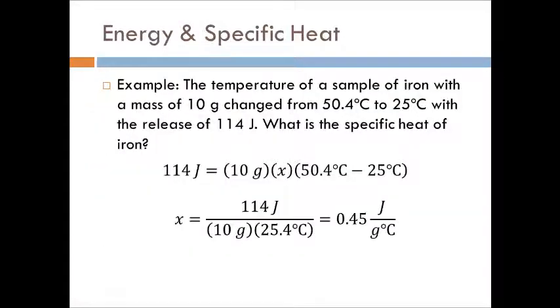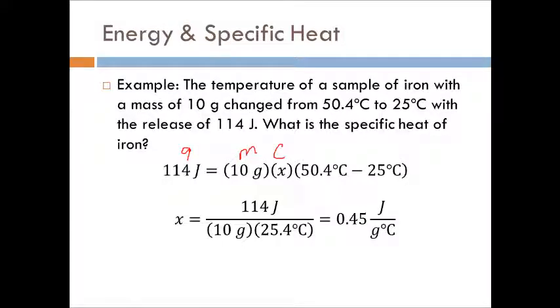So let's look at an example. The temperature of a sample of iron with a mass of 10 grams changes from 50.4 to 25 with the release of 114 joules. What is the specific heat of iron? We know that our heat is 114, so that's our Q. Our mass is 10.